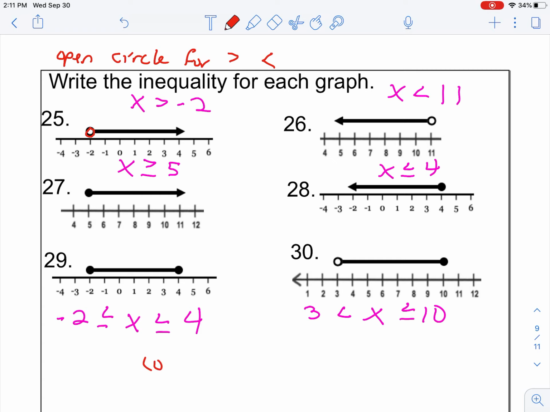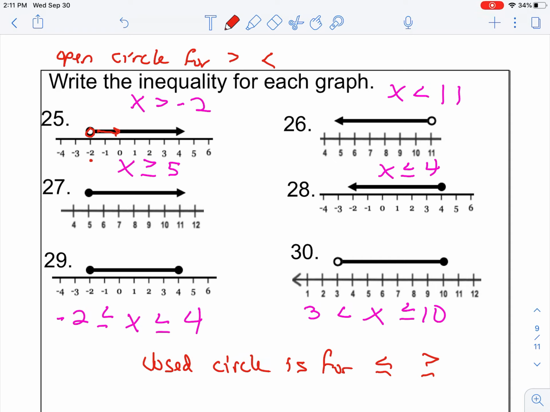Closed circle is for less than or equal to or greater than or equal to. So when I am writing this inequality for number 12, I can see that x is greater than, because it's going to the left, the numbers are bigger, it's greater than this number of -2.